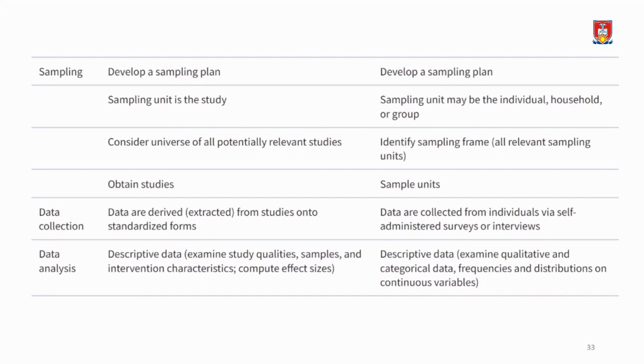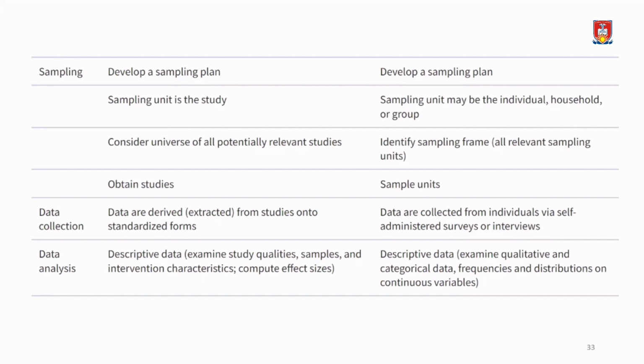But we should know that it's a method in its own right. It's a process in its own right. Though the outcome, that paper or report that comes from it, is also called a systematic review. So these are methodological similarities between the survey research design and the systematic review research design.